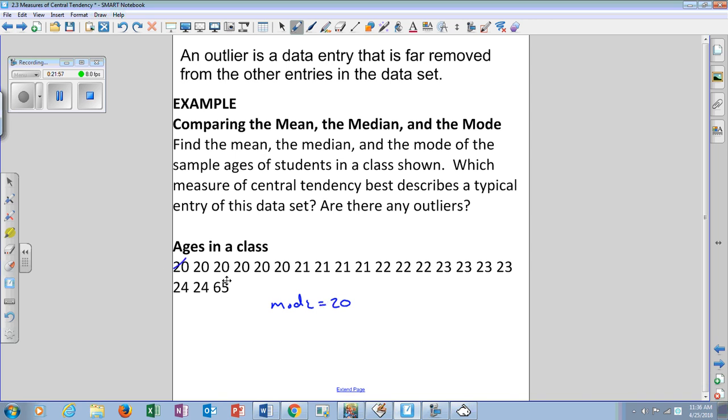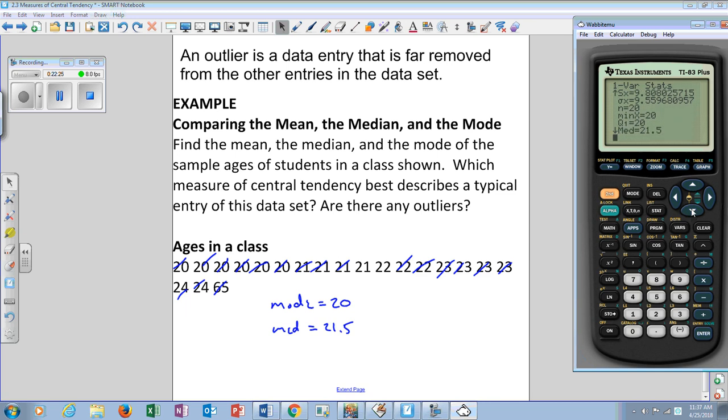Our median is 21.5. Forgot I could just look at that on the calculator.